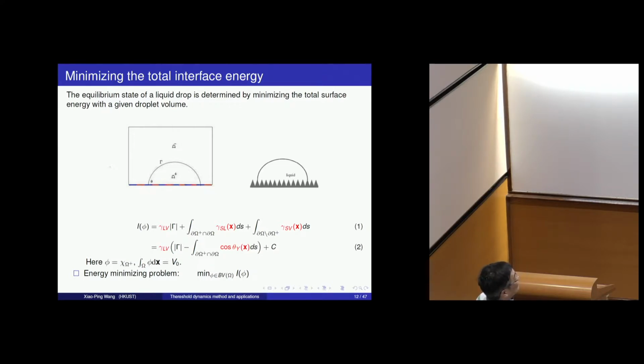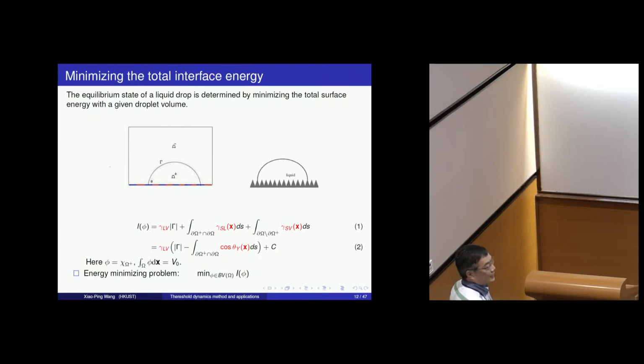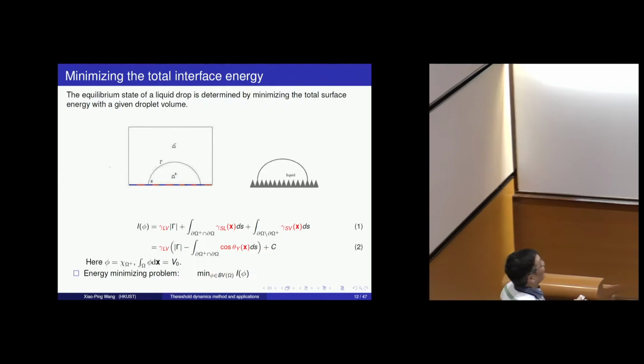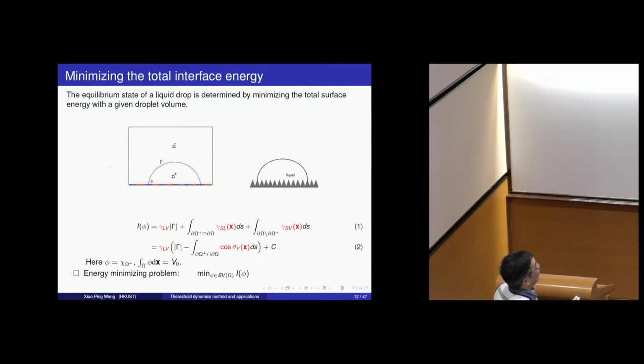The equilibrium state of a drop on the surface is determined by the surface energy. So in this case, if it is chemically rough and geometrically rough, you can simply calculate the surface area multiplied by the surface tension coefficients, and on the solid, you can also calculate their respective energy.